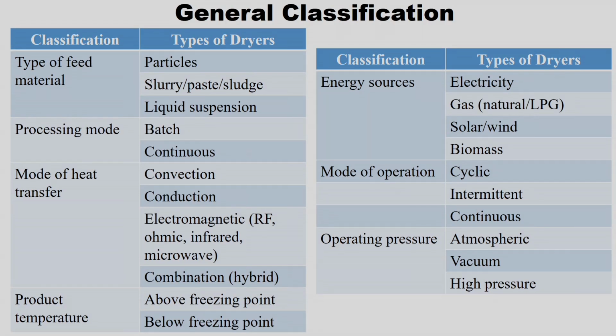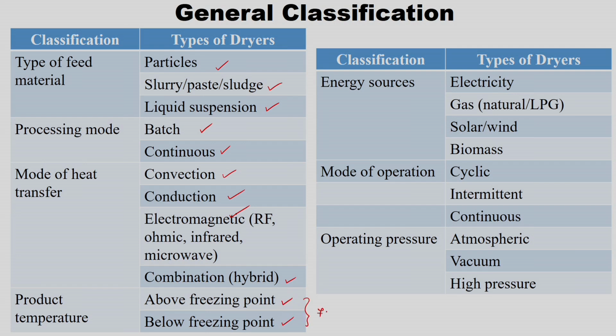So, the general classification of dryers. Based on the feed, particle, slurry, liquid suspension, the dryers can be chosen; in the processing mode, whether we want batch or continuous mode; based on the mode of heat transfer, convection, conduction, electromagnetic radiation and combinations of conduction, convection and electromagnetic radiation; based on the product temperature above freezing point or below freezing point.